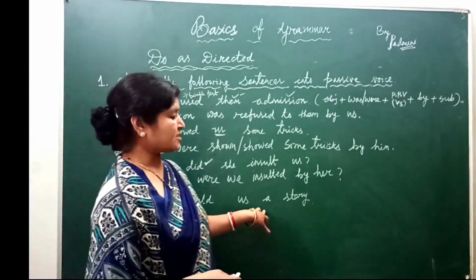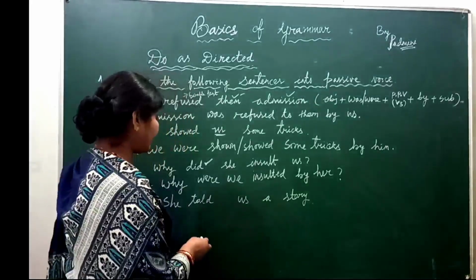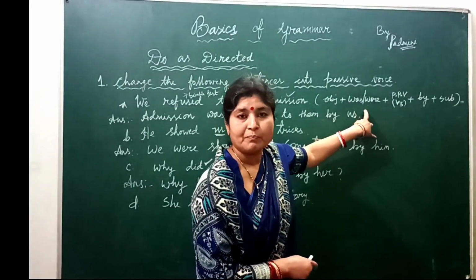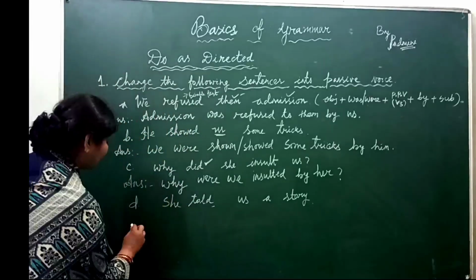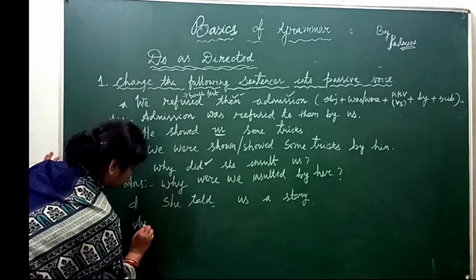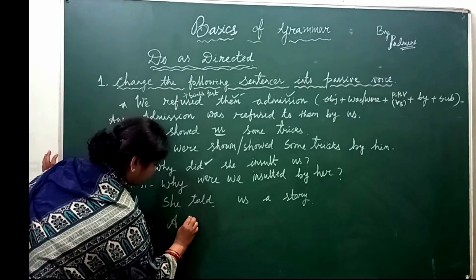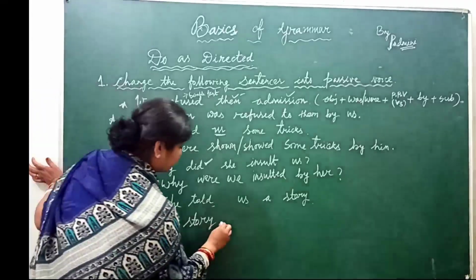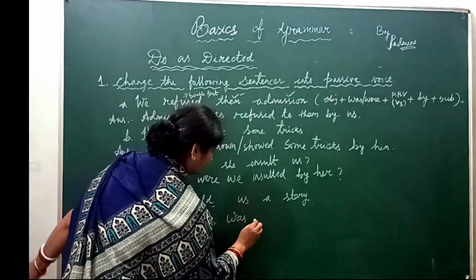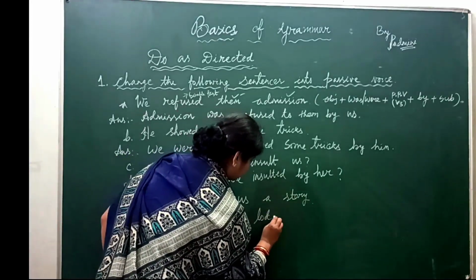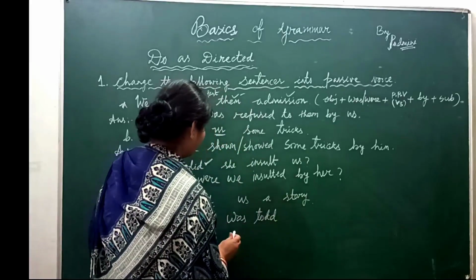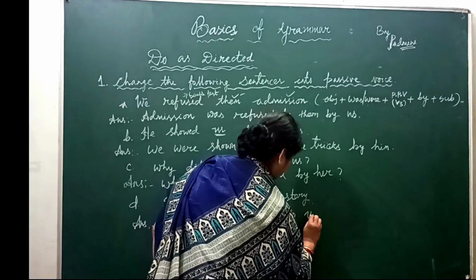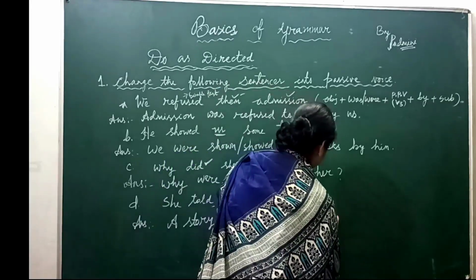She told us a story. So, told, again it is the simple past. So, the same rule we have to follow. So, what is the correct answer? A story was told to us by her.